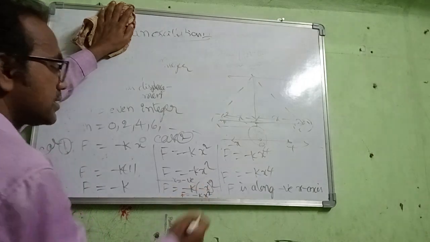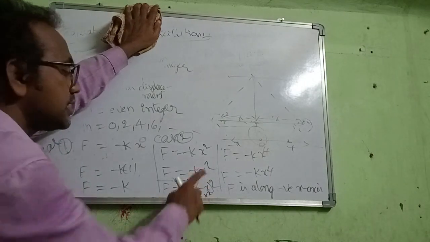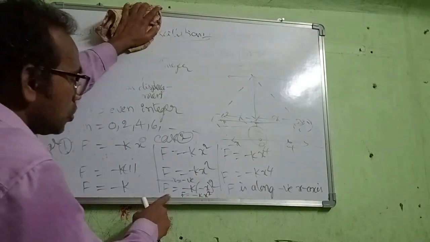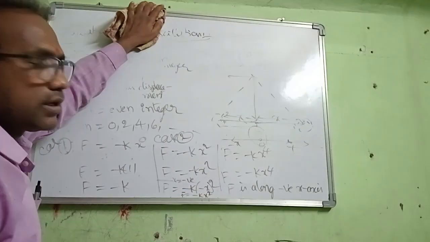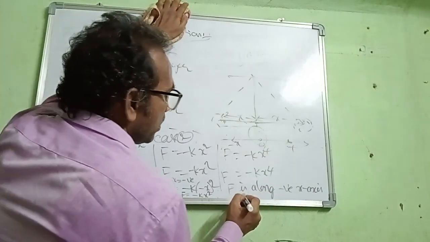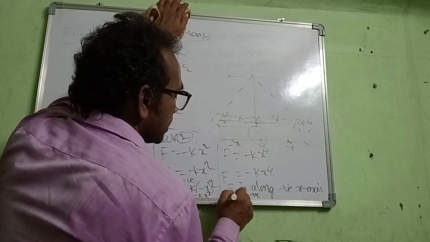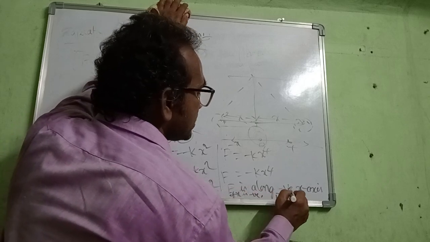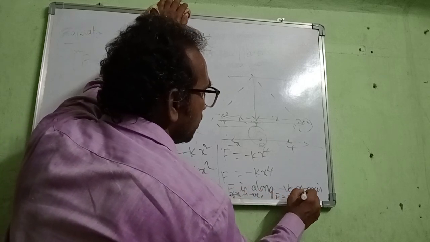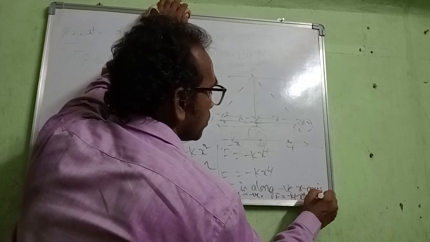So f equal to minus k x square, even though x is positive or negative. In this case also, if x is negative, f equal to minus k into minus x whole power 4, equal to minus k x power 4.